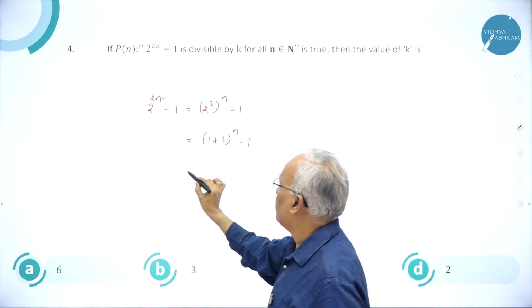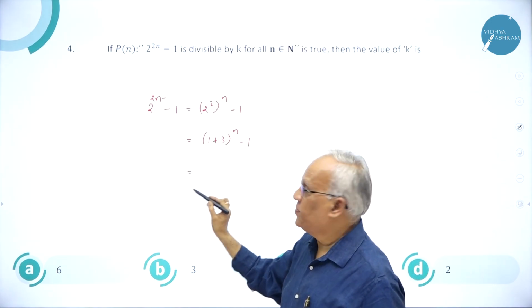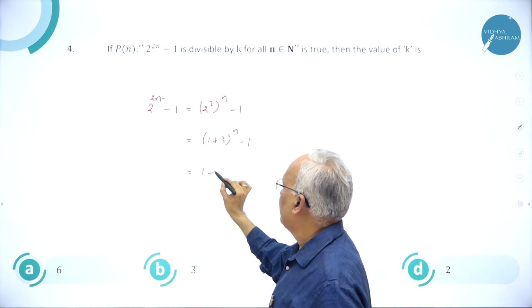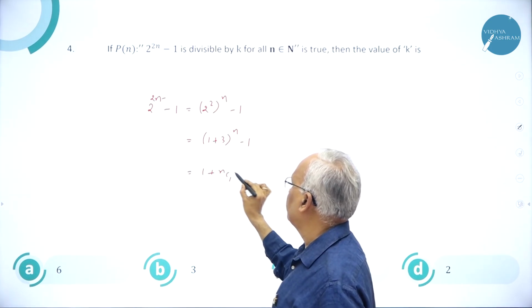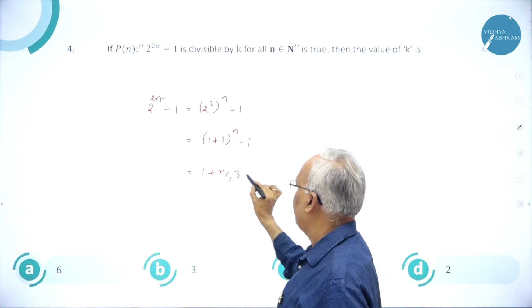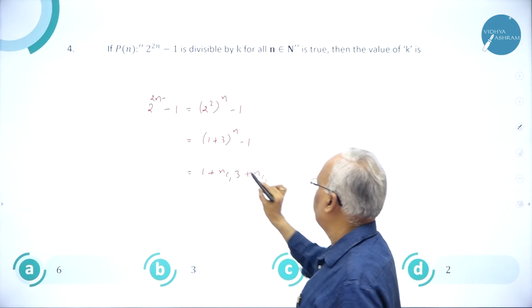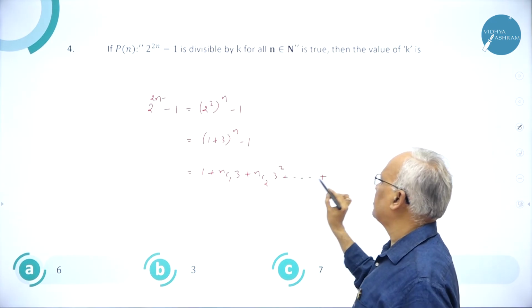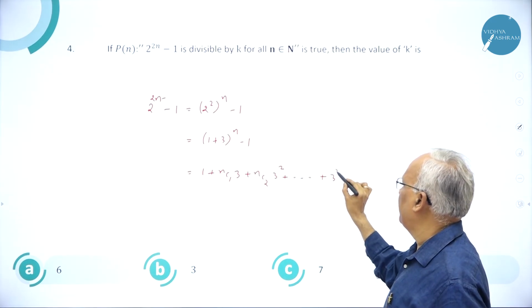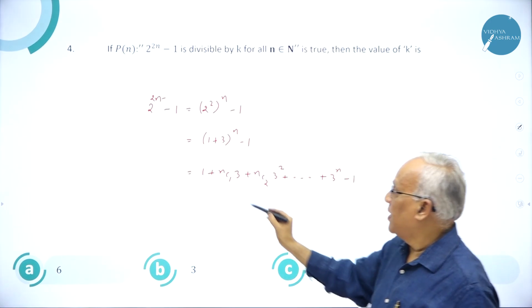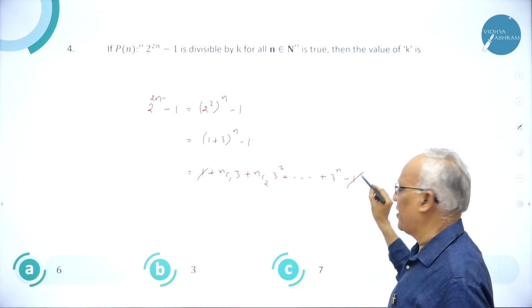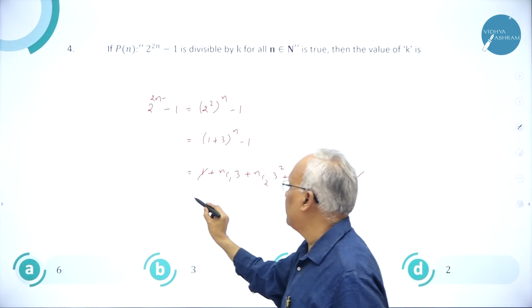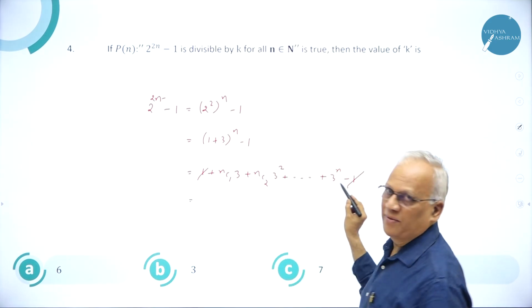This is equal to, expanding this by binomial theorem, you get 1^n plus nC1 into 1^(n-1) into 3 plus nC2 into 1^(n-2) into 3 squared plus and so on. Last term is 3^n, minus 1. Now I can cancel this 1 with 1. You can easily observe 3 is a common factor.